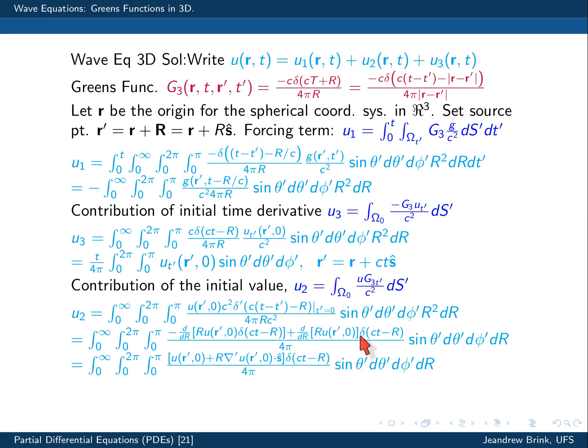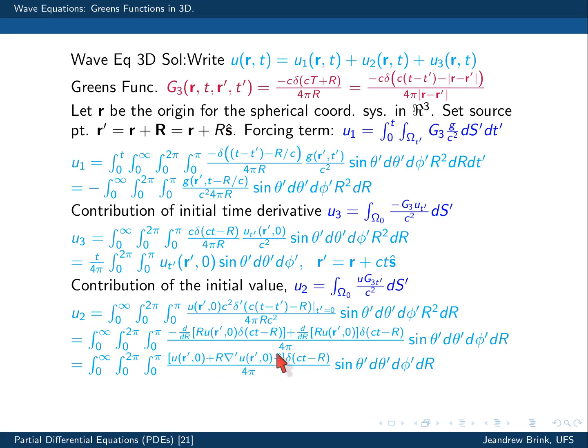And if you now evaluate, you can expand it. So you have u of r prime 0 plus r times d/dr of this u, which is just the gradient of u(r prime, 0) dotted with s hat, because d/dr of that thing is s hat multiplied by the r that's over there.